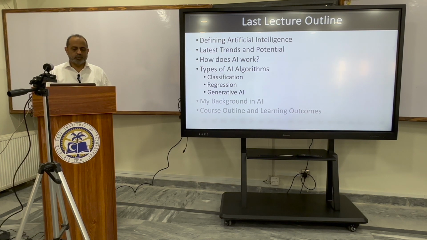And then I also gave you an example of how AI works, and then we also had a philosophical discussion that if AI is going to do everything, then what will happen to so many other professions.